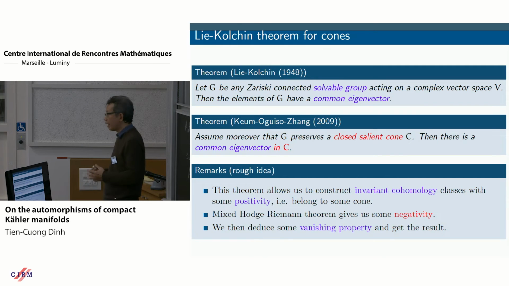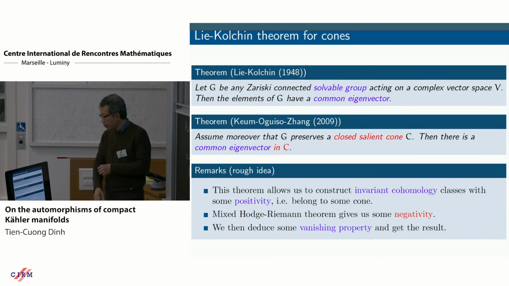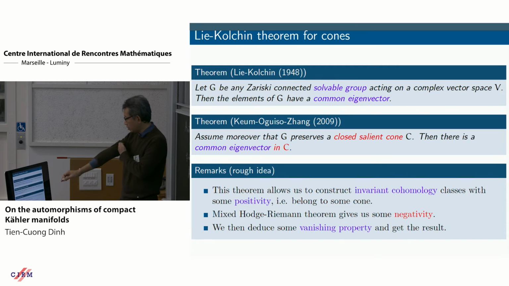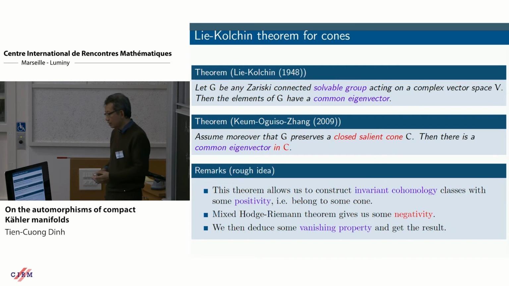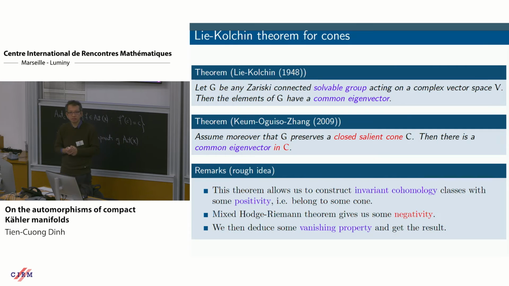You have a common eigenvector. But Kuhn and Ogiso and De-Qi Zhang extend this theorem for cones. So assume that the group preserves some closed, strictly convex cone. Then you can find some eigenvector inside this cone. This is very useful for us because we are working with different cones in the cohomology groups.